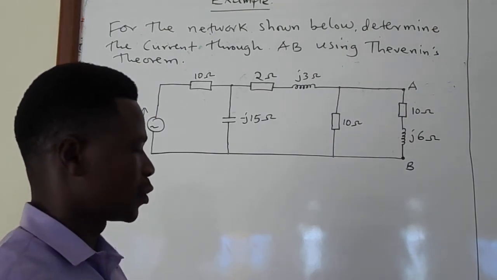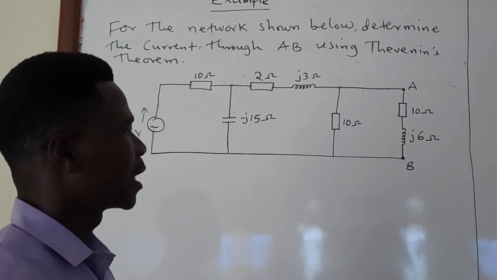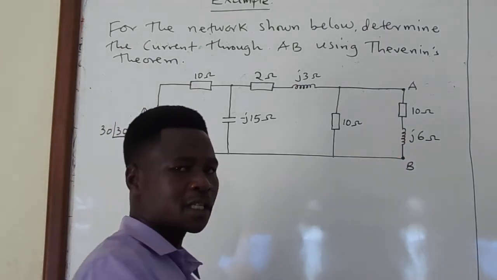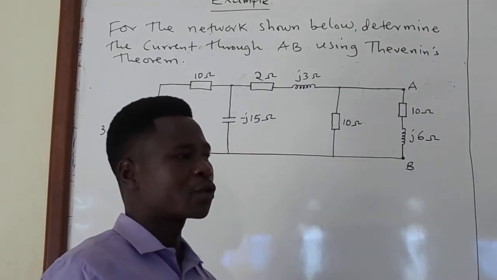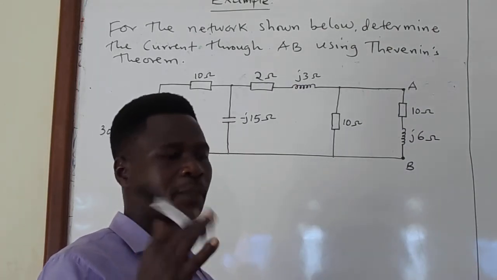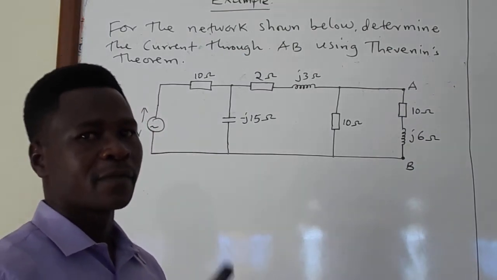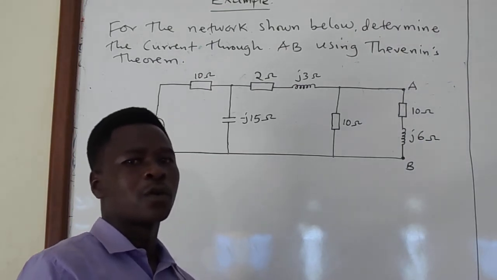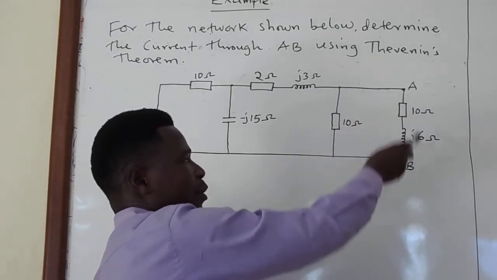From the Thevenin's equivalent circuit, we'll be able to clearly calculate the current across the load. In Thevenin's equivalent circuit, the load is now brought back into the circuit. It is a circuit that comprises 3 parameters: the Thevenin's impedance, the Thevenin's voltage, and also the load impedance across terminal AB.